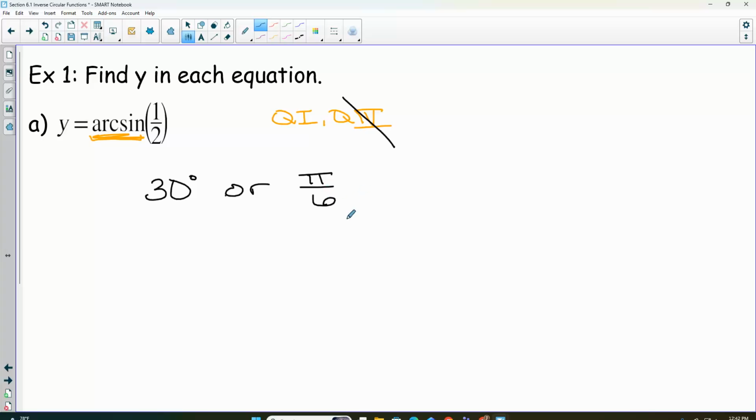I'm never going to expect you to give me both of them. I'll just tell you in the directions which one I want, degrees or radians. So the difference of these problems versus the ones we've done before is if the original problem has sine inverse or arc sine, you can only give me one answer. So we have to pick the correct quadrant.